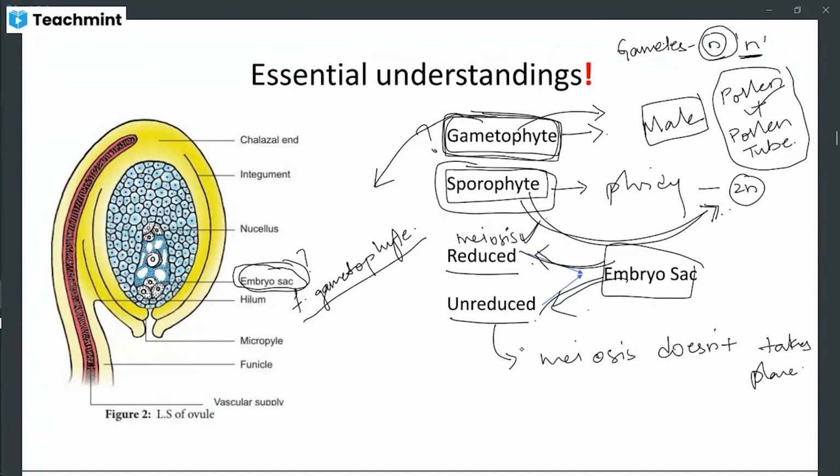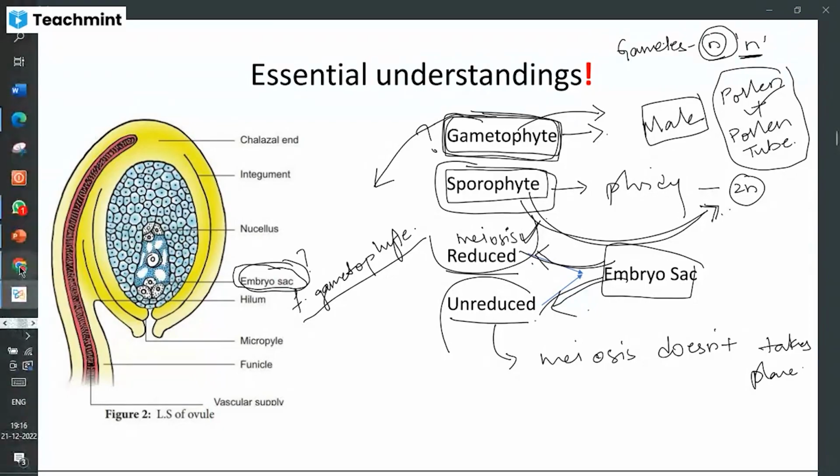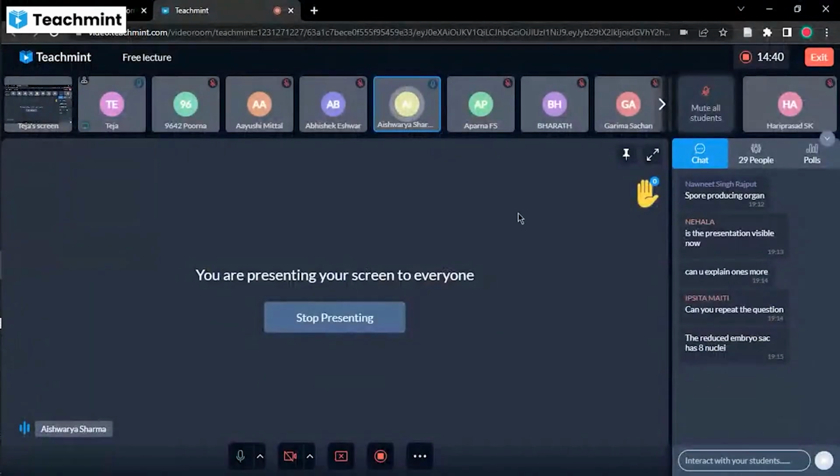So now tell me what will be the ploidy condition in unreduced and what will be the ploidy condition in reduced?